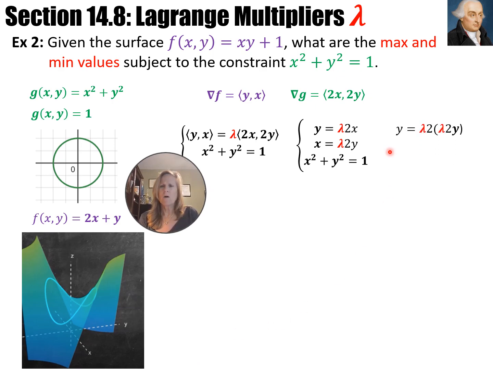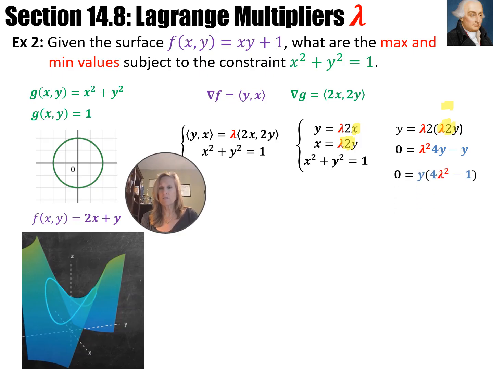I said, okay, if x is equal to lambda 2y, well, I just went up to here and I put in lambda 2y, and I got that expression, I factored it, and I got 2 possibilities.